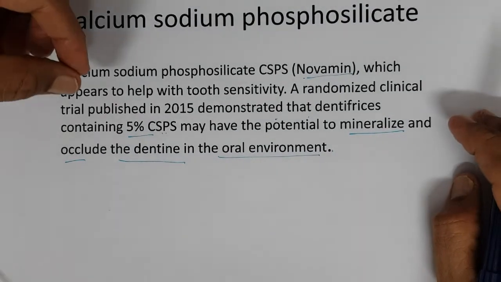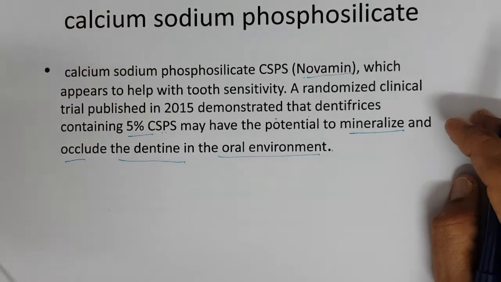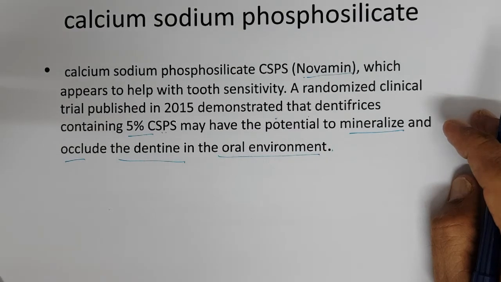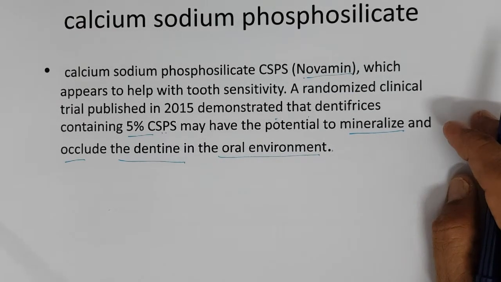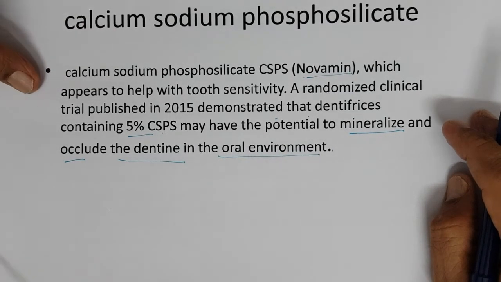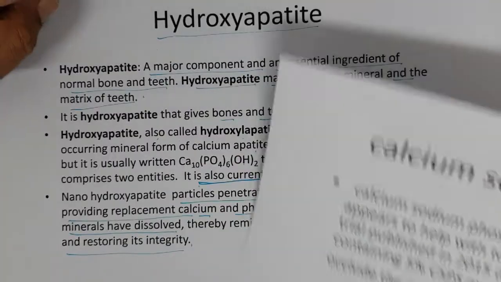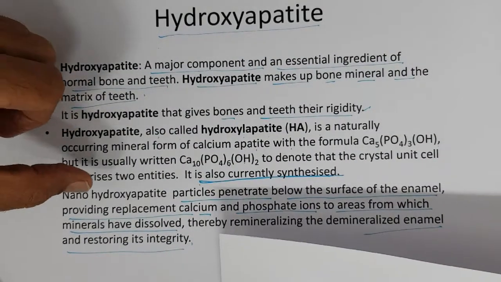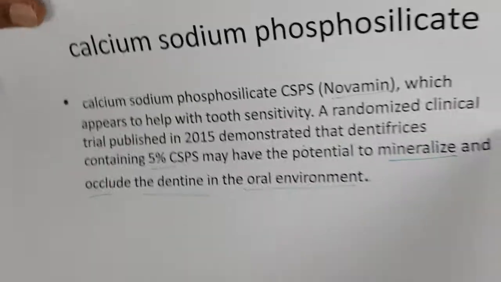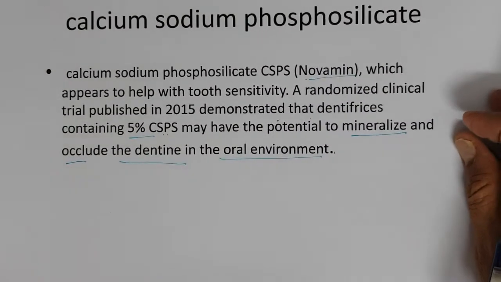So calcium sodium phosphosilicate also has remineralization properties, and people use it as well as nano hydroxyapatite for remineralization of the teeth.